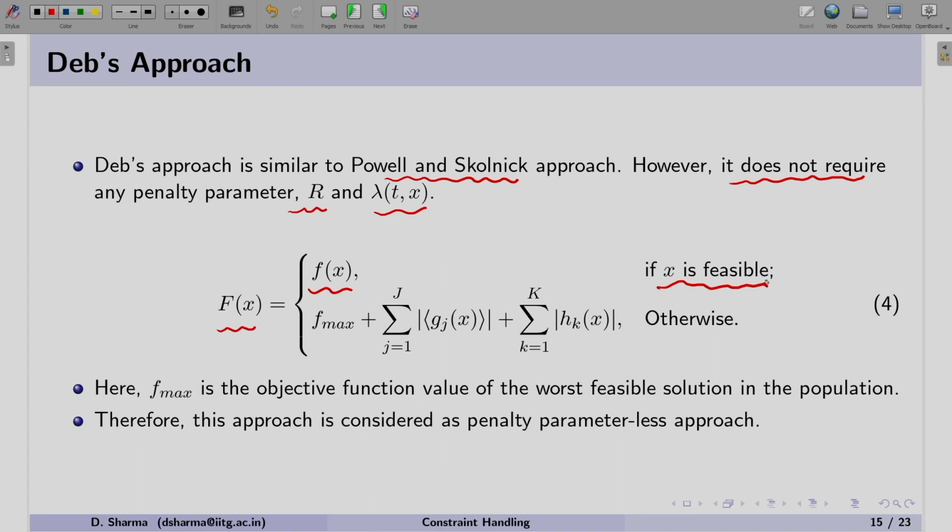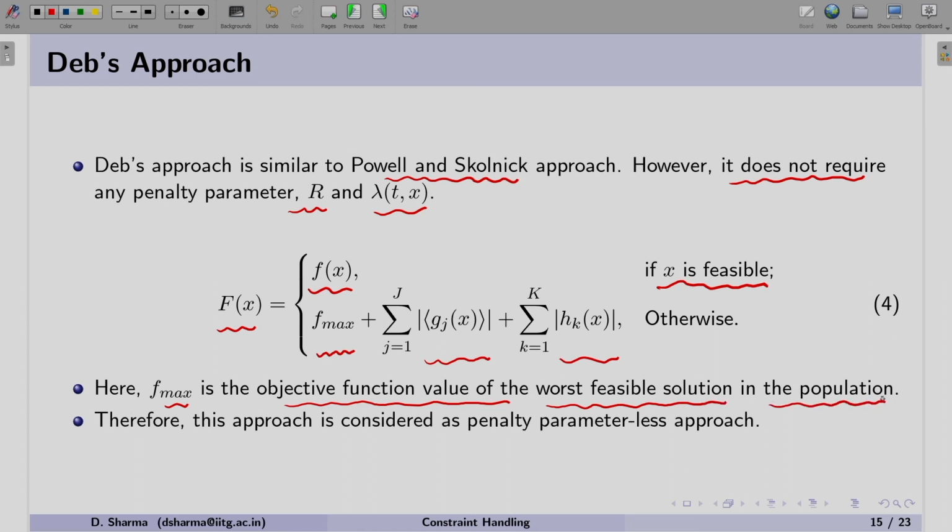However, if the solution is infeasible, there is a term called F max, and then we are adding the constraint violation to this F max. So, what is F max? F max is the objective function value of the worst feasible solution in the population.